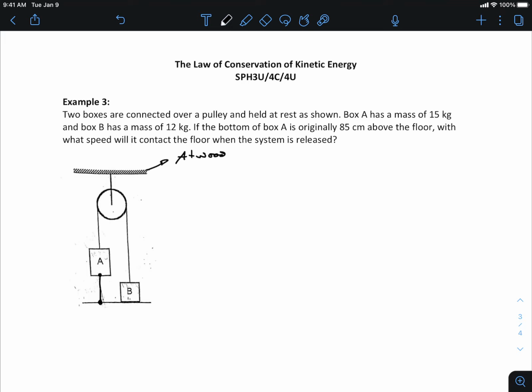We know its mass is 15 kilograms, and block B has a mass of 12 kilograms. Obviously this thing's being held here.